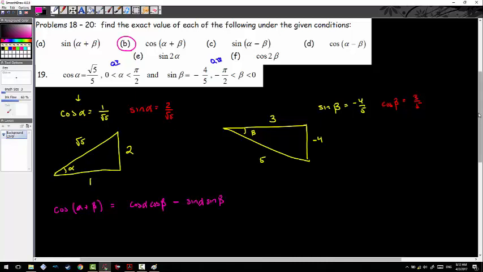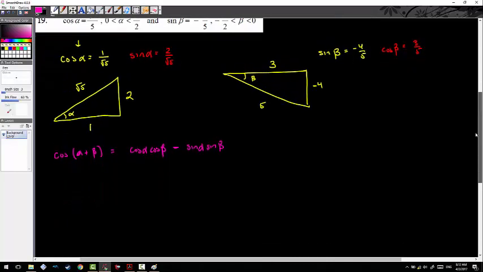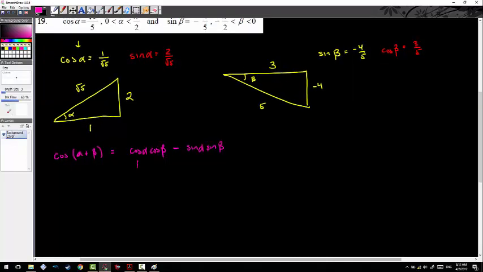Well, again, how does that even help? Well, I think I know what cosine alpha is. I'm going to go back to this guy here. He's 1 over rad 5. And then cosine of beta, well, that's this one over here, so he's 3 over 5.